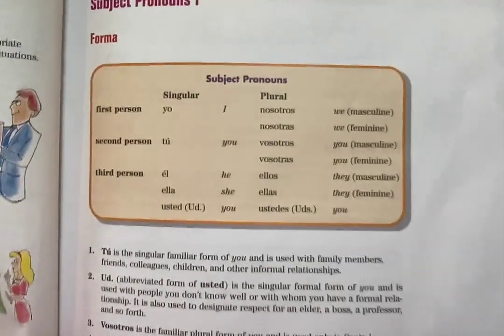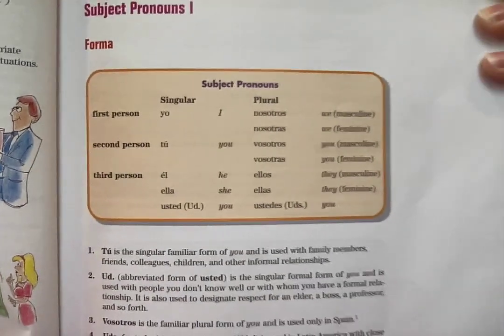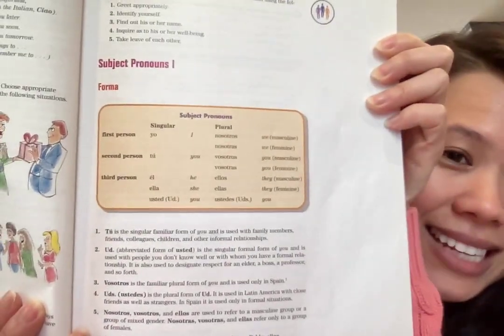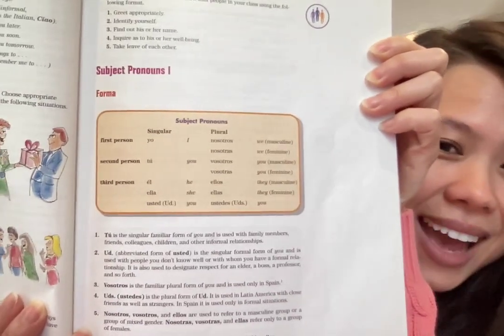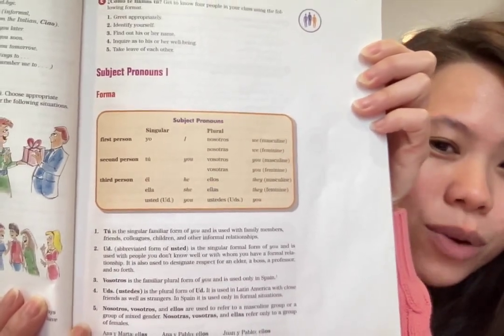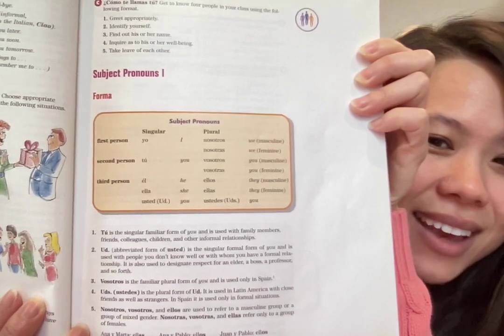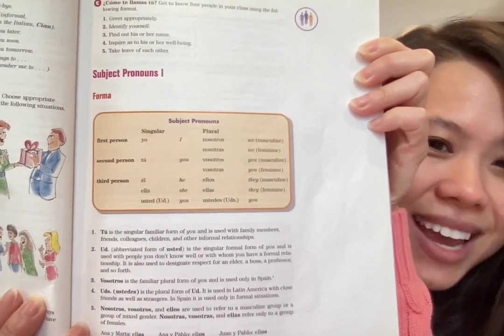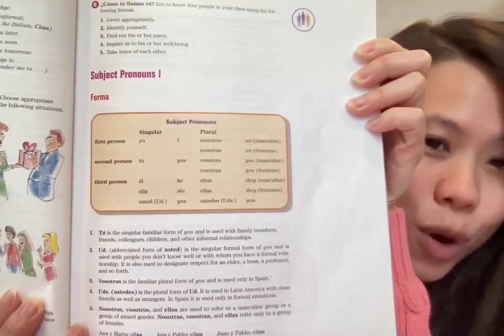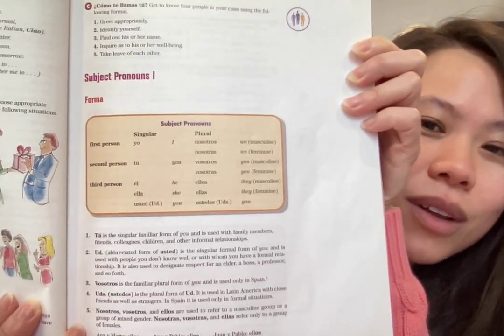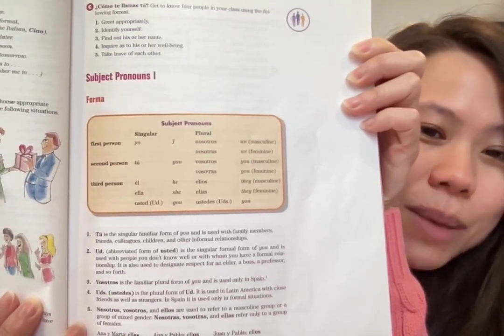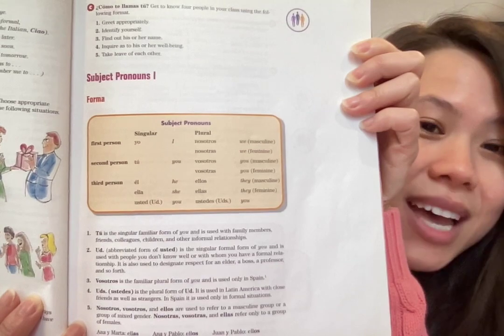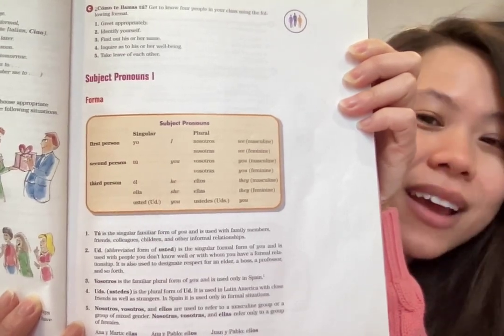This is what I just read out. Again, it's yo, I, tú, you, él, he, ella, she, usted, you, formal. Nosotros, we masculine. Nosotras, we feminine.